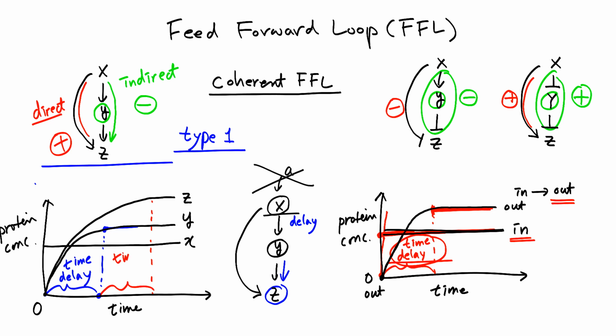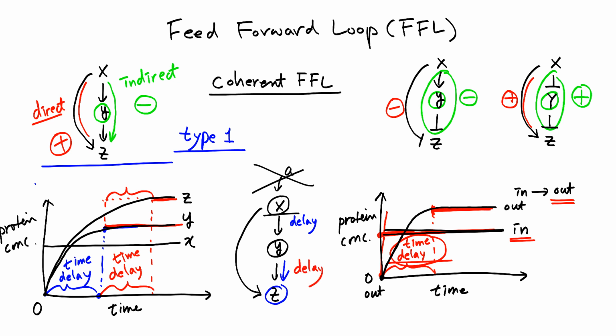So we have another time delay. This time, we have a constant Y here, but this constant Y will not make Z immediately increase like this. We need some time, this amount of time, and then Z reaches this steady state. So we have another time delay here.